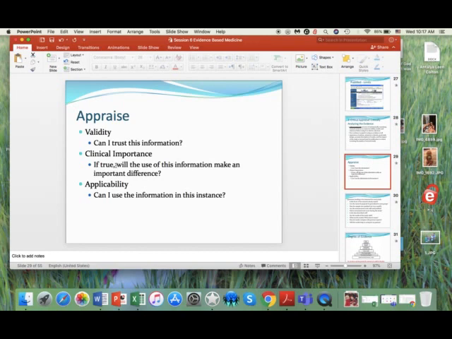If this study is true, will this make an important difference, or doesn't it really make a difference? So is it a clinically important study? Is it applicable? Can I use the information in this instance, meaning with this specific patient? Is it applicable to what I'm doing? So this idea of: is it valid? Is it important? And is it applicable?